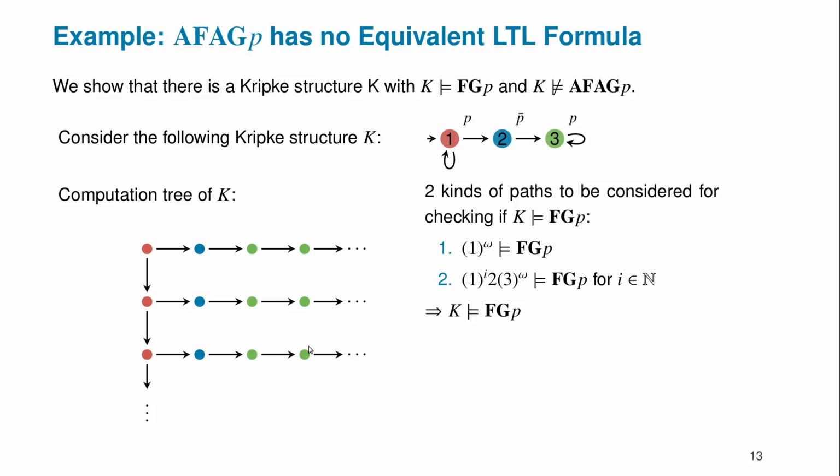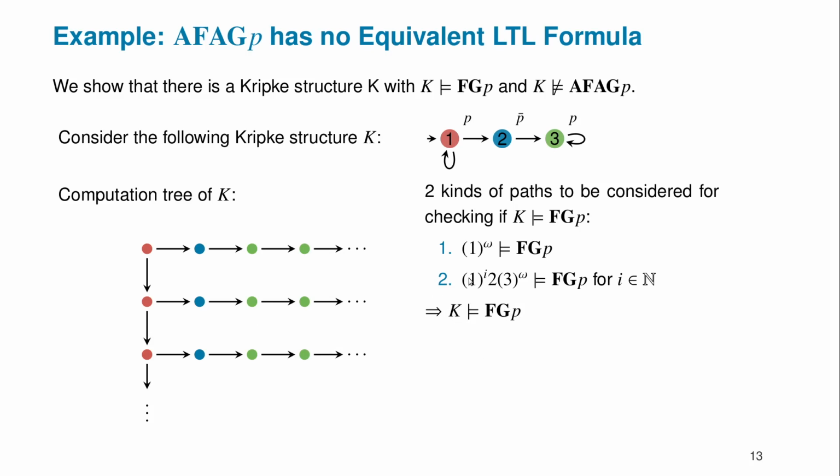And this is because in the green state P holds and we stay forever in state 3, and therefore P holds forever. P globally holds. And therefore we can conclude that FGP holds in the Kripke structure.